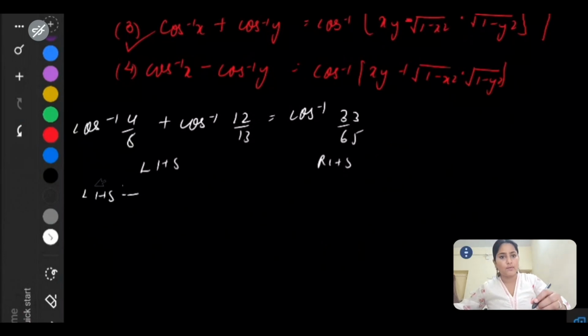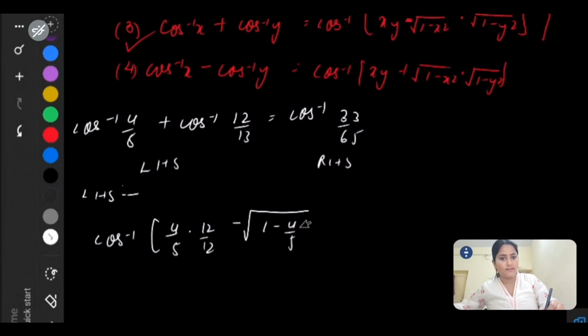Take the LHS side. From the third formula above, we'll write cos inverse. In place of x we'll write 4 by 5, and in place of y we'll write 12 by 13, into 12 by 13, minus under root of 1 minus x square, which is 4 by 5 whole square, into 1 minus y square, which is 1 minus 12 by 13 whole square.